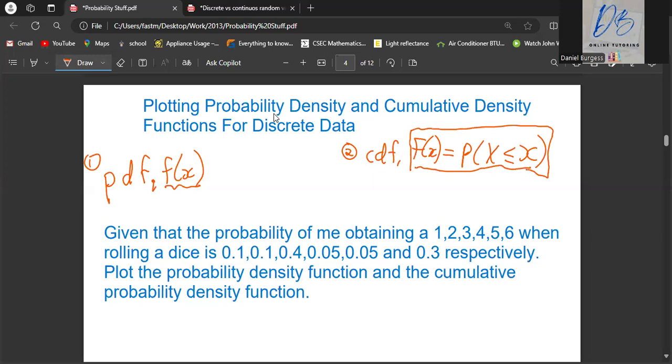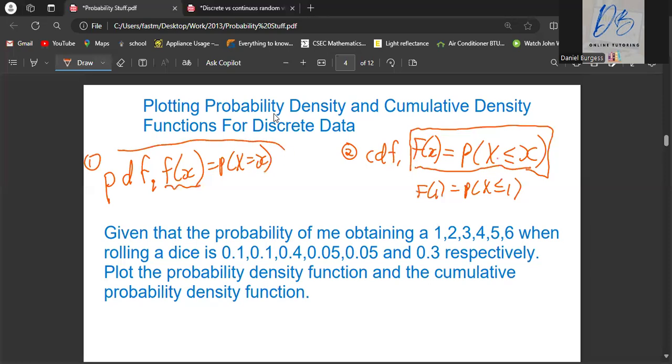So capital F of 1 would just be the probability X is less than or equal to 1. So it would be the sum of probabilities before 1 and at 1. And the PDF is basically just the probability at each point.